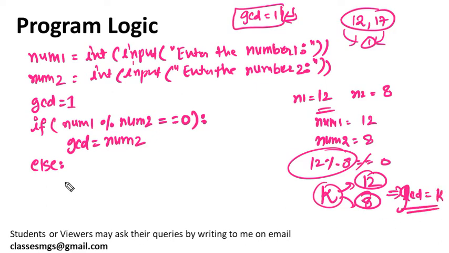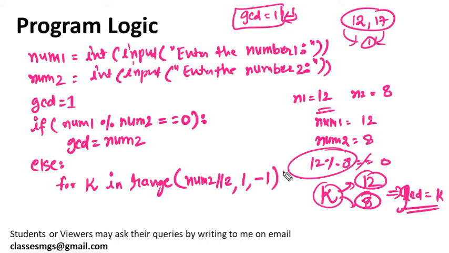So how will you write it? You apply a for loop, for k in range, starting from number 2 divided by 2, going down to 1, and each time the step will be -1.